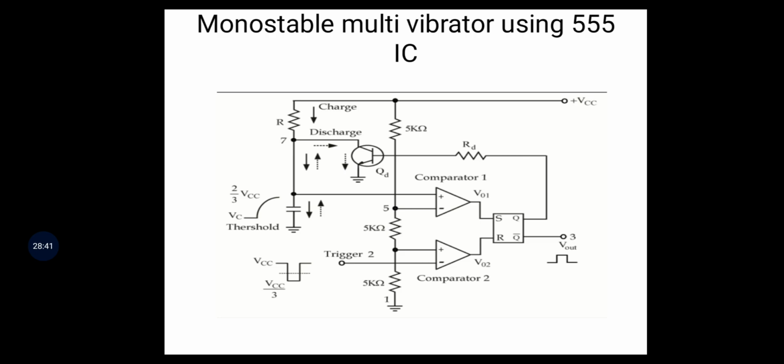When it becomes less than 1/3 VCC, the comparator 2 output goes high. This resets the flip-flop, so Q goes low and Q bar goes high. Low Q makes the transistor QD off.